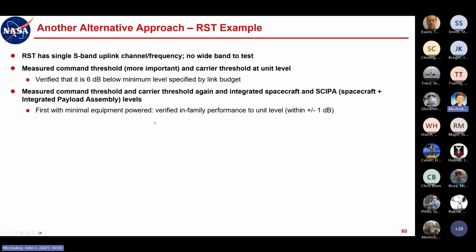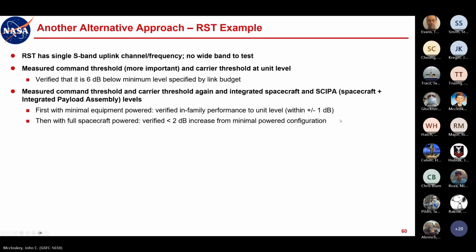First with minimal equipment powered, basically just the bare bones equipment on the spacecraft powered. And so we verified in-family performance at the unit level, so within about a dB. Then we turned the rest of the spacecraft on and verified, I believe it was less than a 1 dB increase, but it was still in family with what we saw with the minimal power configuration, and it was still within the 6 dB margin level.